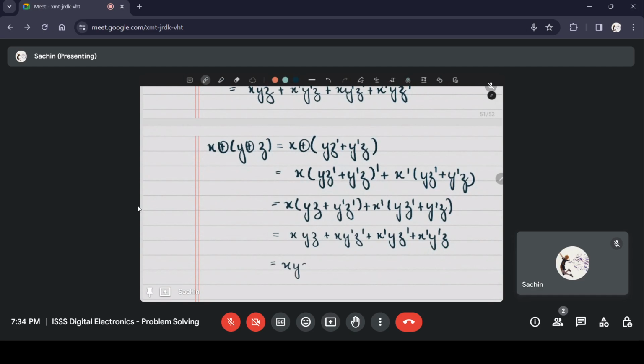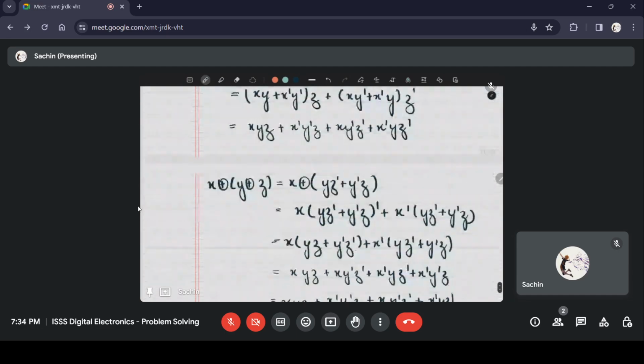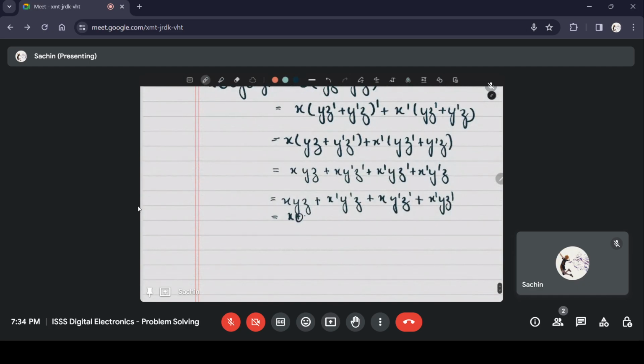Write this as xyz plus x prime y prime z plus xy prime z prime plus x prime y z prime, which, if you compare, is equal to x XOR y XOR z. So XOR is associative.